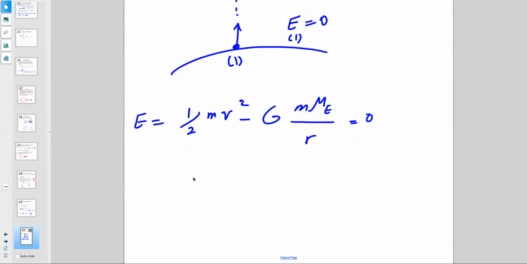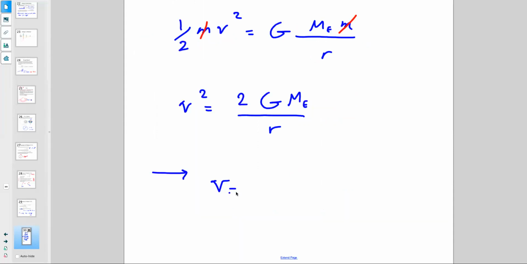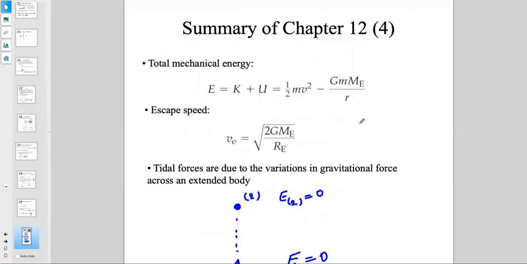Now if you do that, you have half m v squared being equal to G m_E m over R. You can cancel out m with m, and then you are left with v squared being 2 G m_E over R, and thus v is the square root of 2 G m_E over R. So that's the escape velocity. For Earth, it's around 11,000 meters per second.